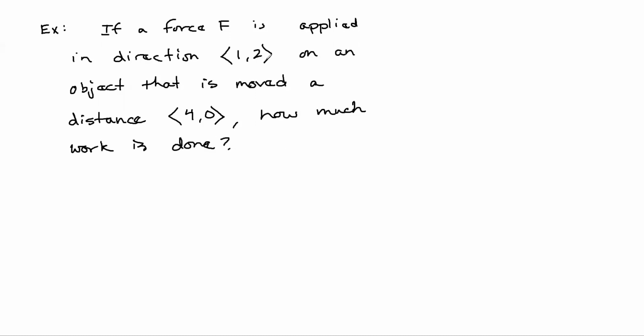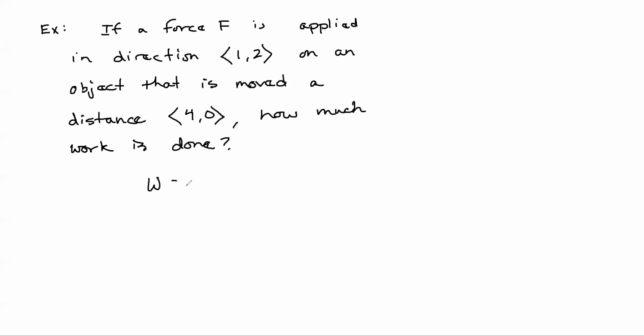So (1, 2), that means that you're pushing upward. You have this upward, that's the 2 here. Some of your force is being applied upward, and that upward part of the force is useless for moving the object in the direction and a distance (4, 0). And so when it comes time to calculate the work, we're not going to take the length of this and multiply by the length of this.